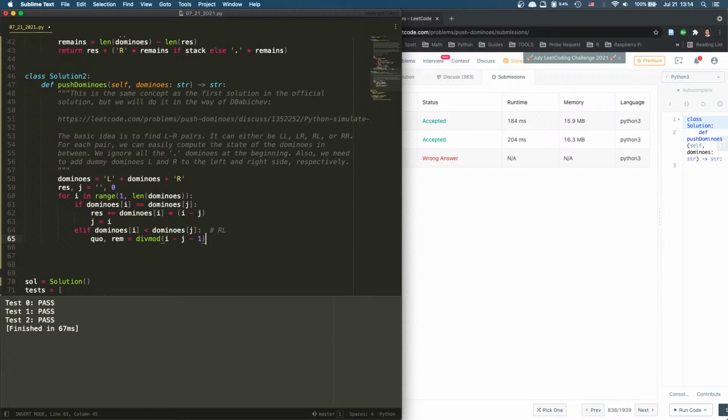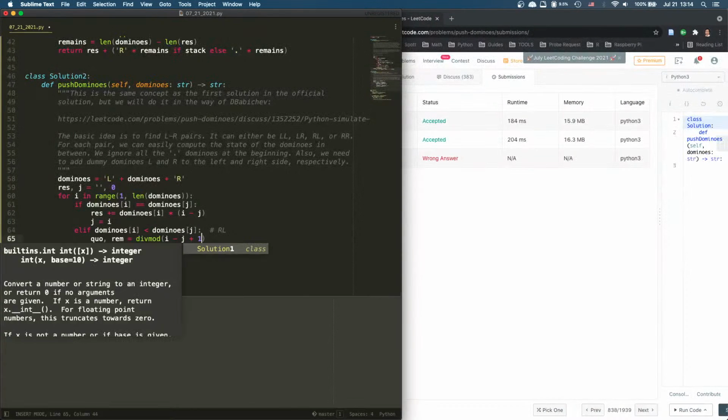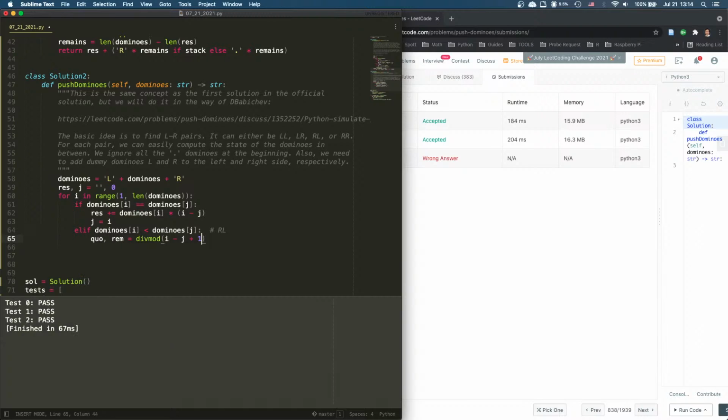The R is already counted for, right? The R is already counted for. The L has not been counted for. But it has to be both. I think I know. So we have to do plus 1. We have to include the R while we compute this.